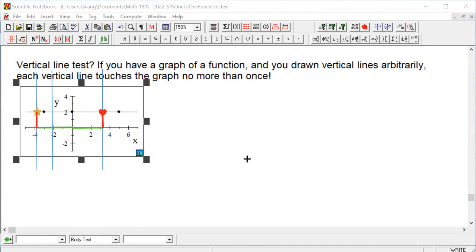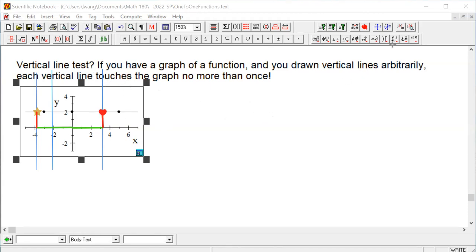The no more than once actually includes doesn't touch it at all, because it could touch it 0 times. Touches 0 times is okay, but it cannot touch more than once. So this actually is in agreement with the definition of function. Remember, I emphasize exactly one, unique. So the vertical line test addresses the definition of function.